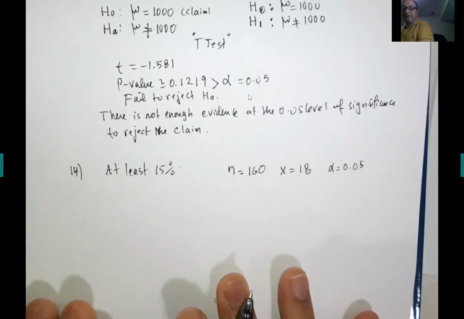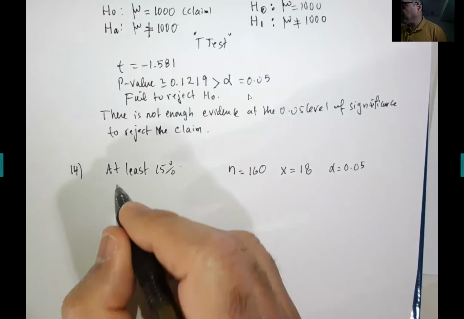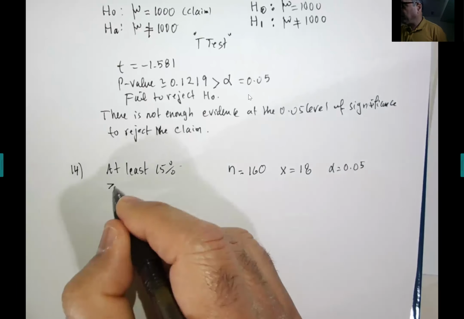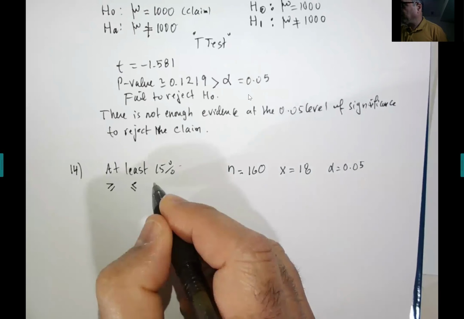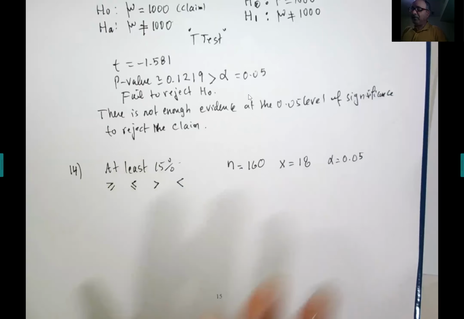How would you interpret "at least," guys? What symbol do I use for at least? I'm going to put 4 symbols and you tell me which one it's going to be: the first, second, third, or fourth?